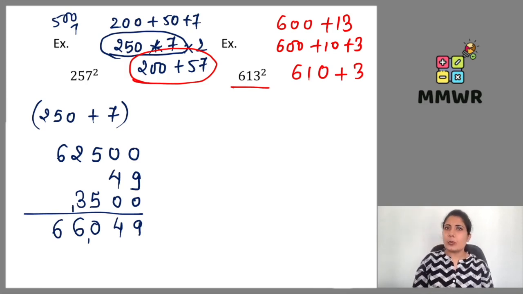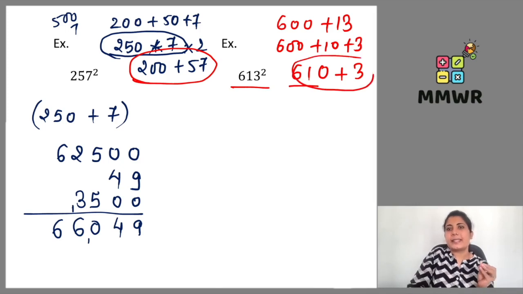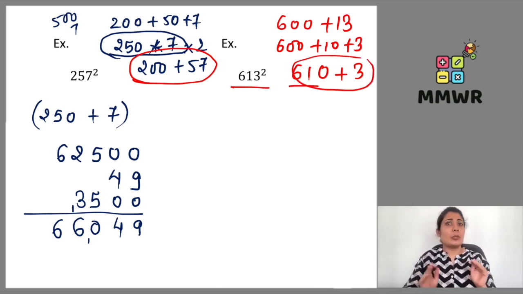So do we know the square of 61? Is it easy for us to remember? Of course not. So this can't be the easier one. I'm not saying this is not possible to do. It is also possible, but again it will be very time taking.